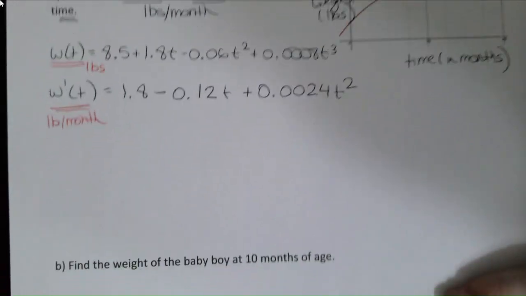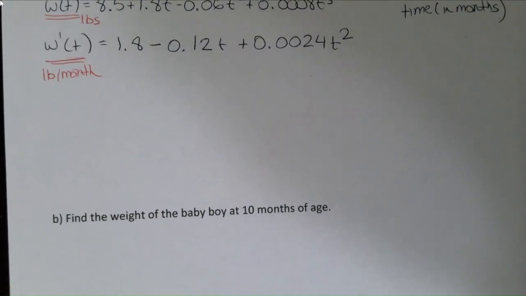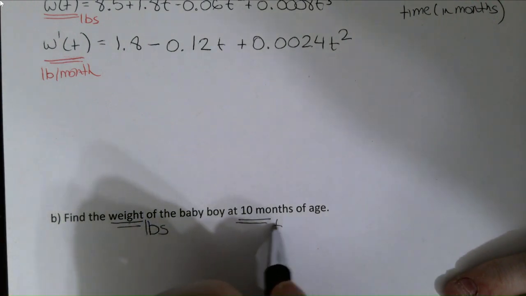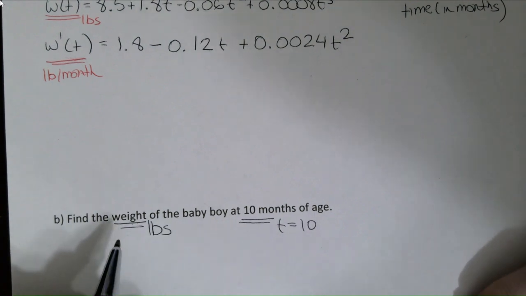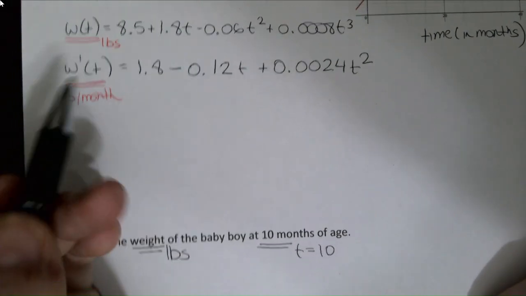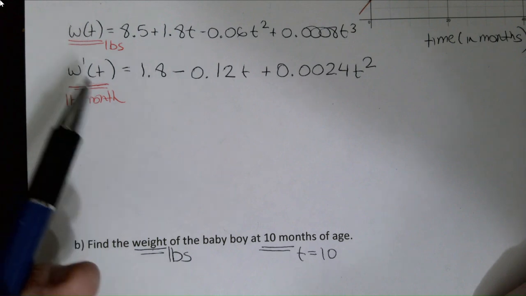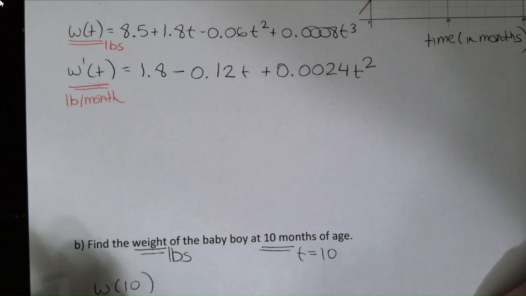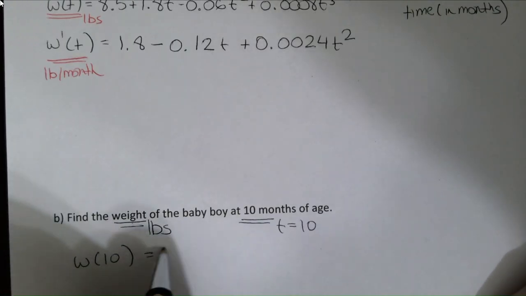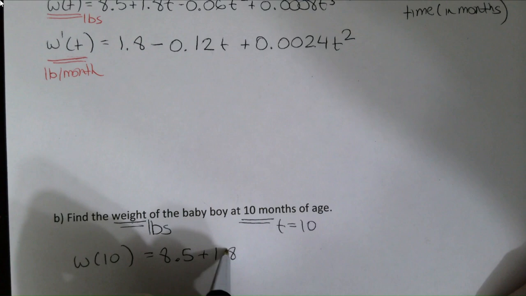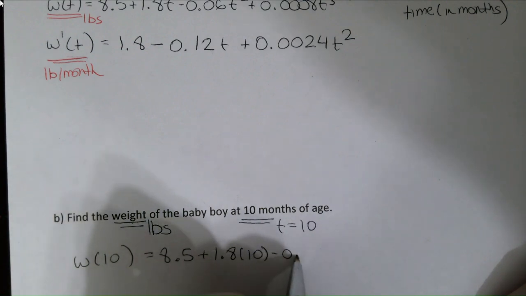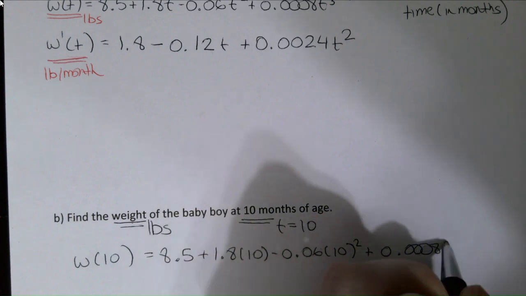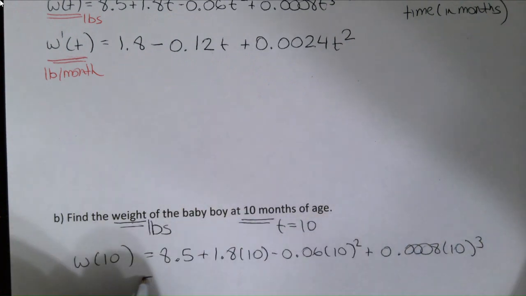Now just below, we have a question asking for the weight of the baby at 10 months of age. Now, this is asking for weight, which means I need to go to the appropriate function in order to get weight. This represents weight, this is rate of change. So since it wants weight at 10 months, I go to the weight function and I sub in my value. There we are.